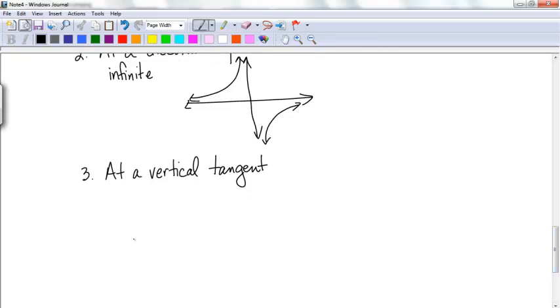Here would be a picture of one. Say I have a graph that looks like this, and if I did the tangent line there, my tangent line would look like this, a vertical tangent. And what's the slope of a vertical line? Undefined. A vertical line has no slope. So that would be another.